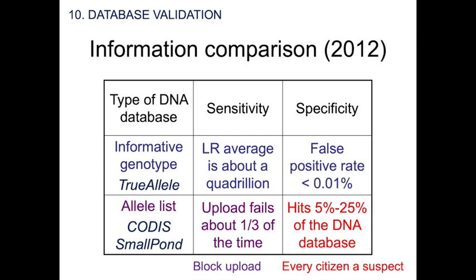How many? That's shown in the bottom right. If you didn't block the upload, most mixture profiles are blocked. The evidence never ends up in the US on CODIS. You'd hit, depending on what stringency you used, 5 to 25% of the database finding the wrong person. And every citizen ultimately would become a suspect in a crime.